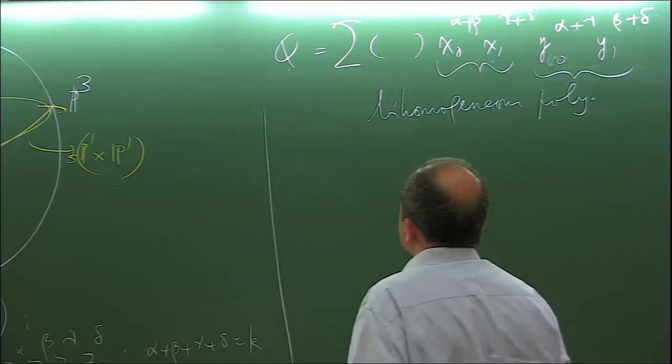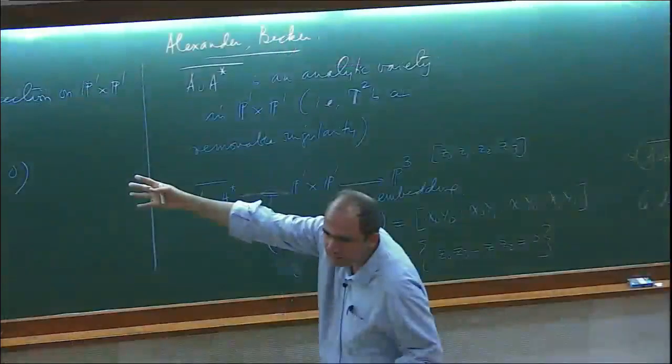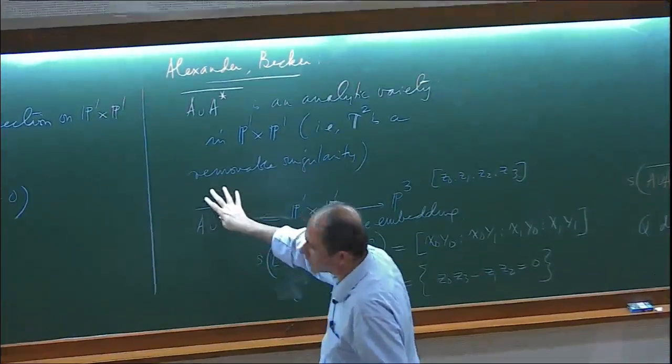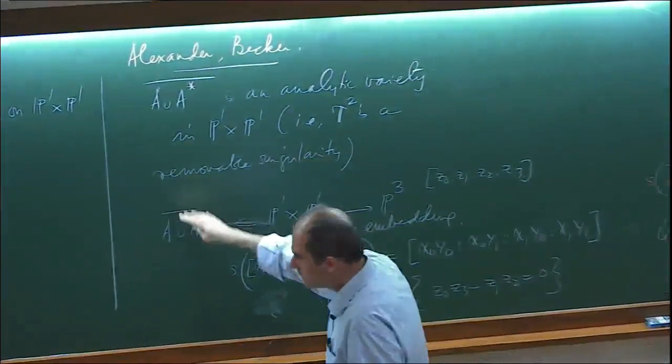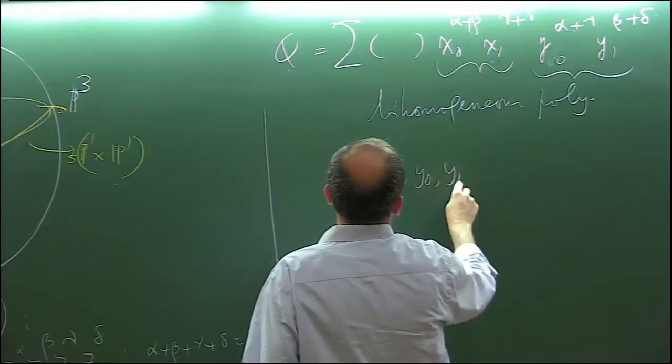So therefore I can pull these things back. I take this Q, pull it back, come back to my local picture here. So there is a polynomial which vanishes on A union A star bar. So what is that polynomial going to be? It's going to be, say, P of x0, x1, y0, y1.